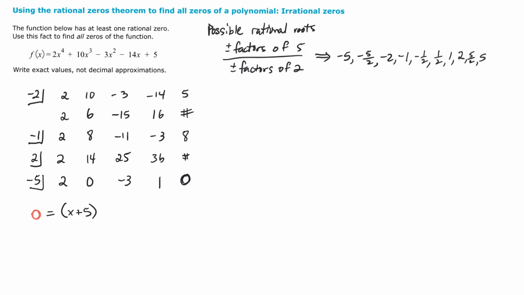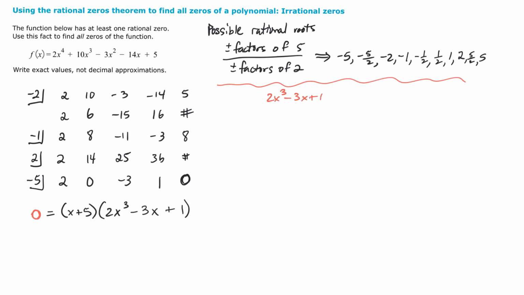And since we divided by x plus 5, we have a remaining polynomial of degree 3: 2x cubed minus 0x squared minus 3x plus 1. And we could apply synthetic division again, to this polynomial, 2x cubed minus 3x plus 1.